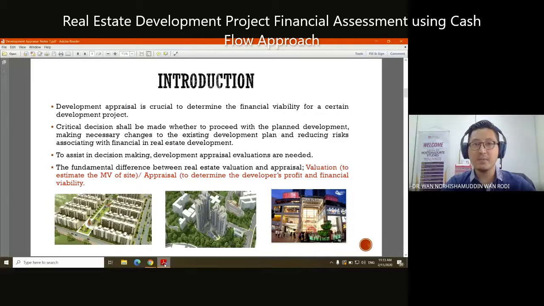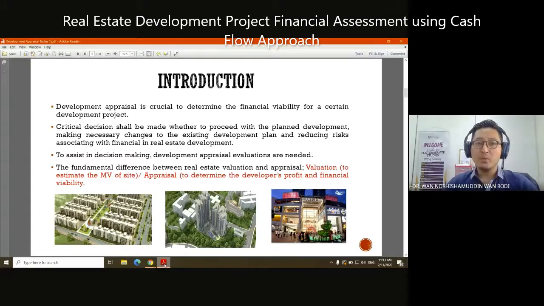So development appraisal generally focuses on the financial performance of a certain development project, in terms of the ability to generate income and capital appreciation from this particular project.